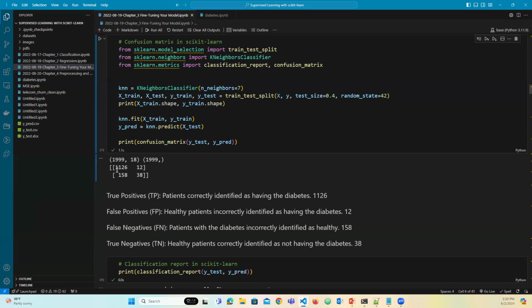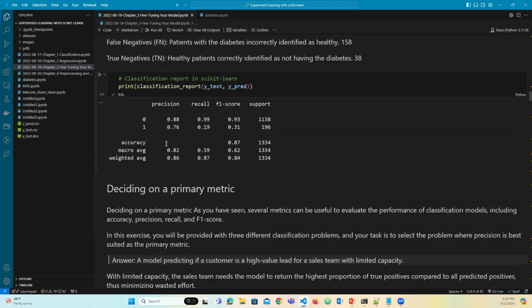So 1126 and 30, and 38 are the other entries. The precision is 0.76 and the recall is 0.19. So the model is performing badly.